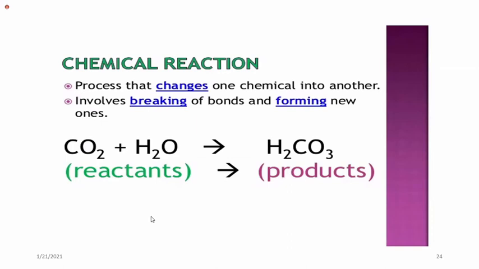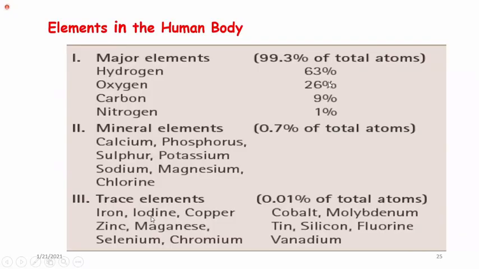So far we have understood the major elements in the human body: hydrogen, oxygen, carbon, nitrogen, making up 99% of the total atoms. This is the percentage of each of them. Whereas other minerals comprise about 0.7% of the total: calcium, phosphorus, sulfur, potassium, sodium, magnesium, chlorine, and the trace elements iron, iodine, copper, zinc, which are in smaller quantities.